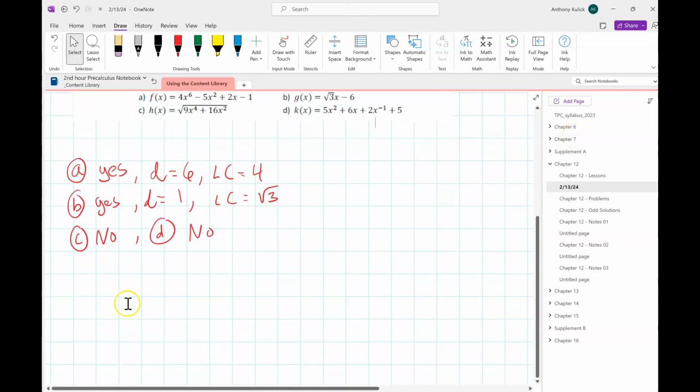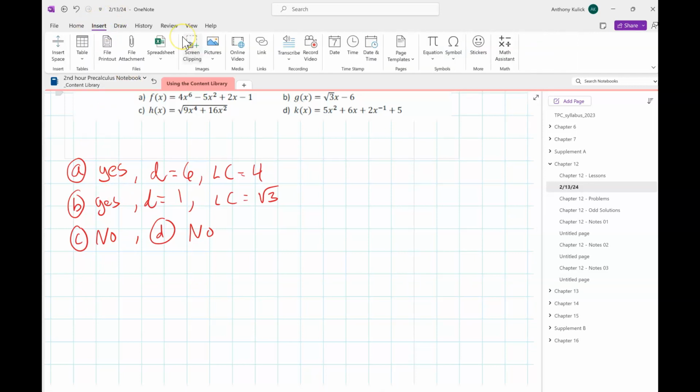All right. So oftentimes we'll name a polynomial by the number of terms in addition to its degree.